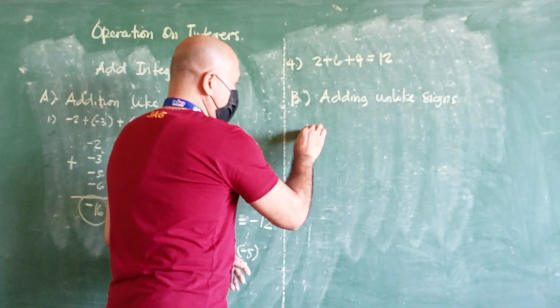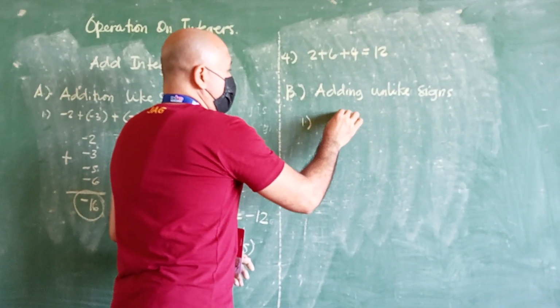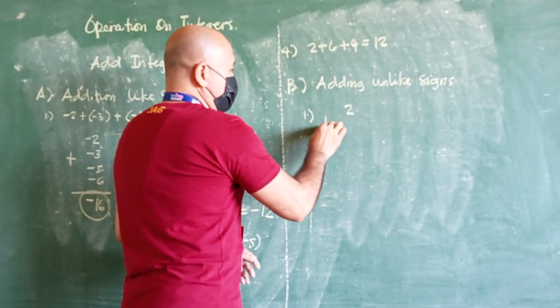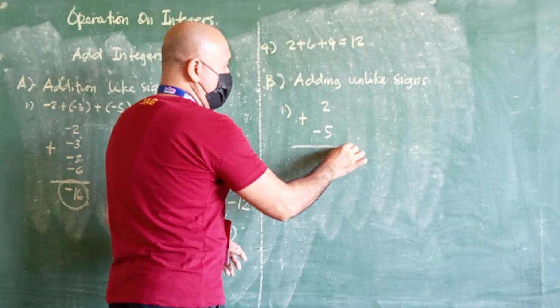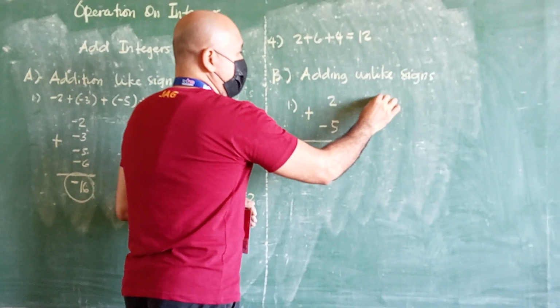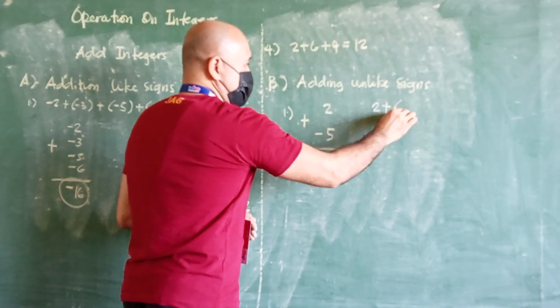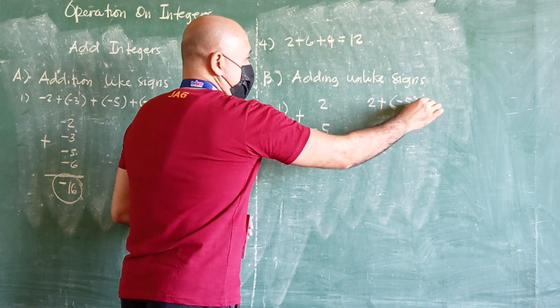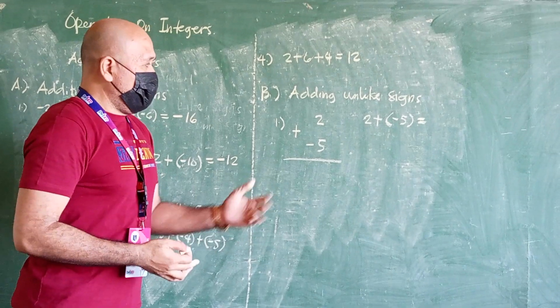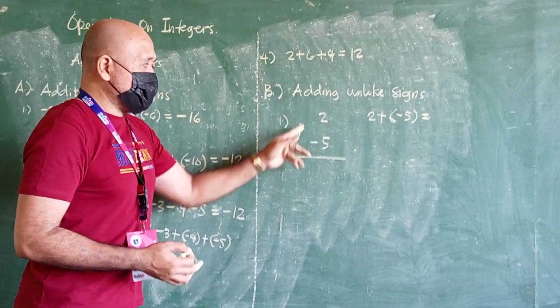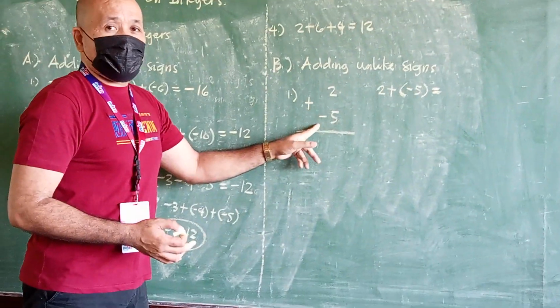Example, we have positive 2 plus negative 5, or in horizontal, that is positive 2 plus negative 5. Sometimes it is clearer to you when the integers are arranged vertically.